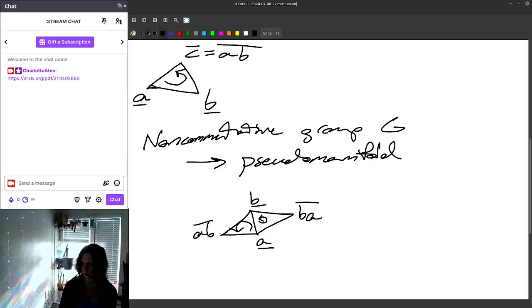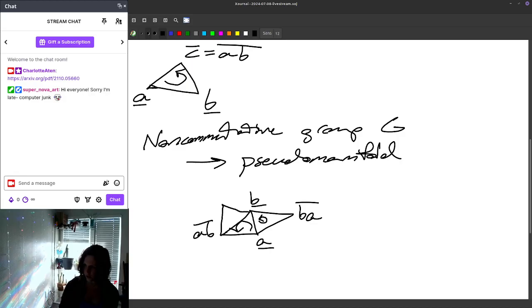And there's even more to it because if we had something else over here, where when you multiply B by that, you get AB. So when you multiply B by something, you get AB.